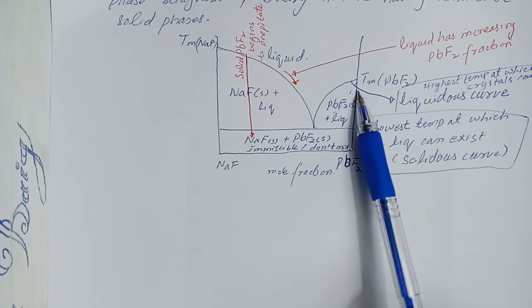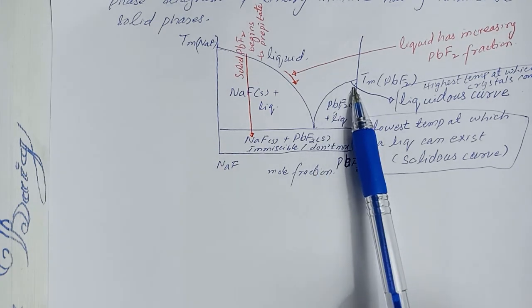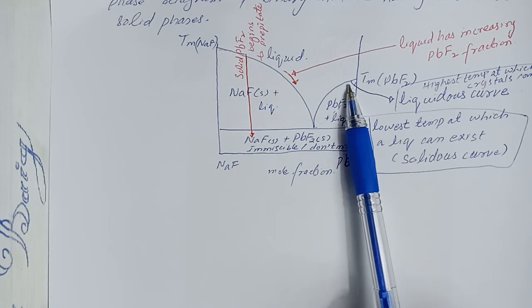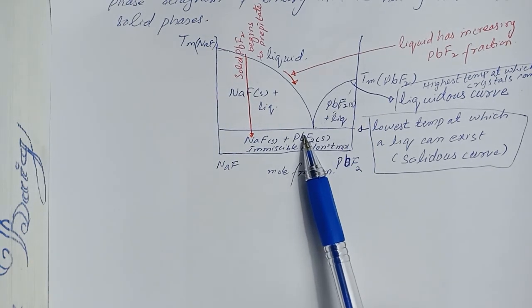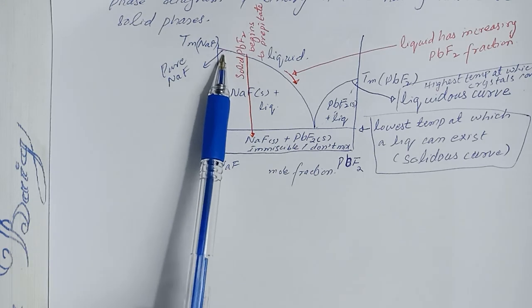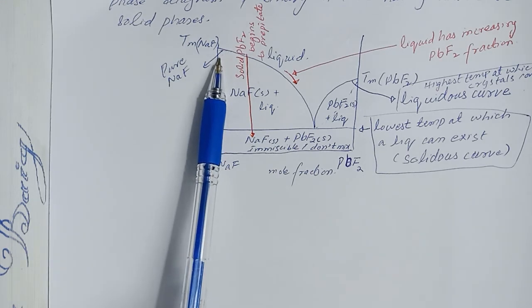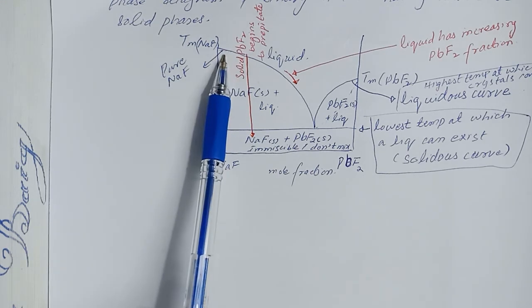So the liquidus curve is the curve at which the crystals can exist at highest temperatures. At this point the solid is pure sodium fluoride.